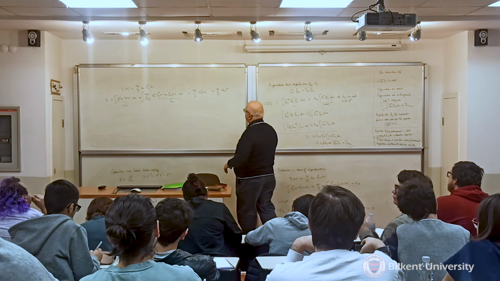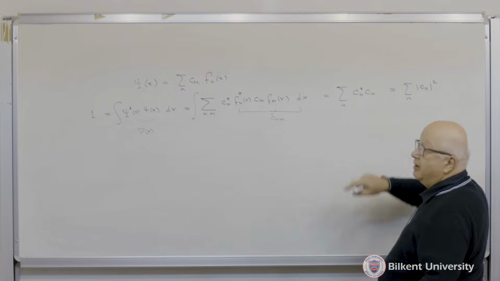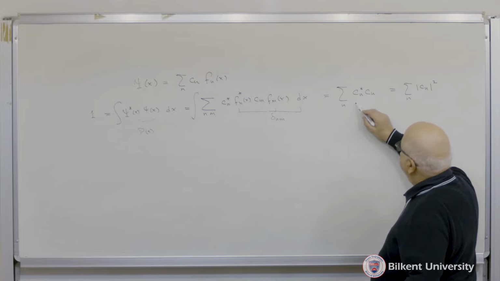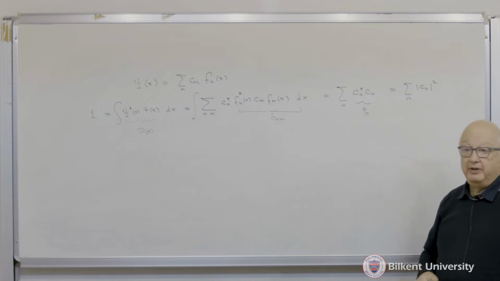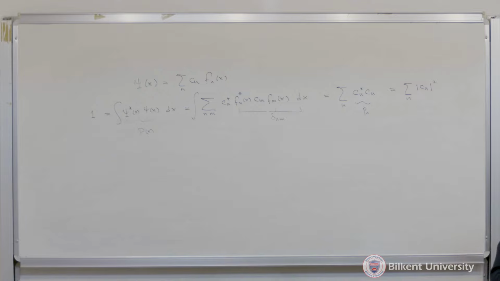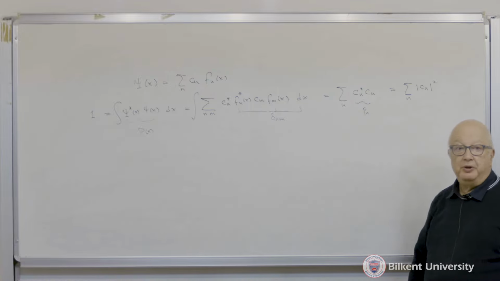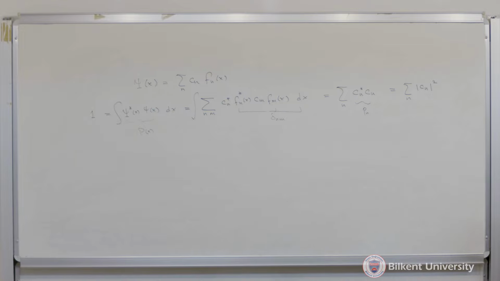On the other hand, here I have, again, something which adds up to 1, and I'm going to interpret this also as probability, this time corresponding to the nth state. So Cn magnitude squared is going to be the probability of being in that nth state.